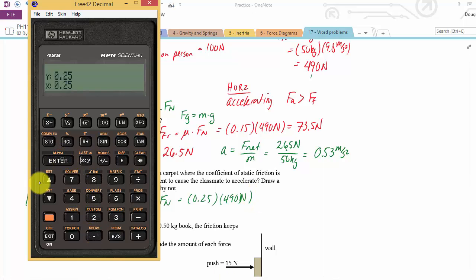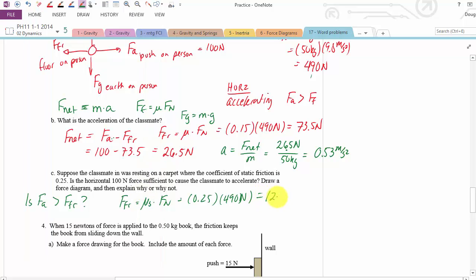Oh, sorry, the coefficient is 0.5, so 0.5 times 490. Okay, so that's 122.5 newtons, which is greater than 100 newtons. So no, it does not move.